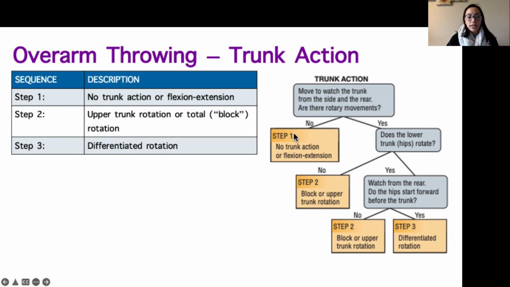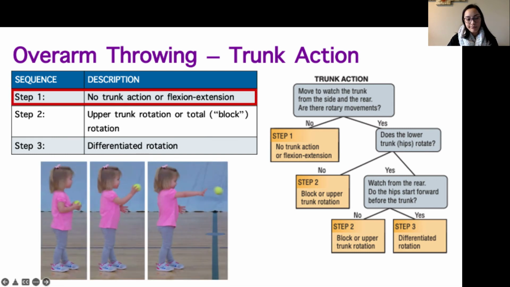If the answer is no, we're in step 1 of the developmental sequence, which classifies as no trunk action or flexion extension. Okay, so either no rotary movement or you are only seeing flexion and extension, just to clarify. Okay, so only the arm is in active force production.